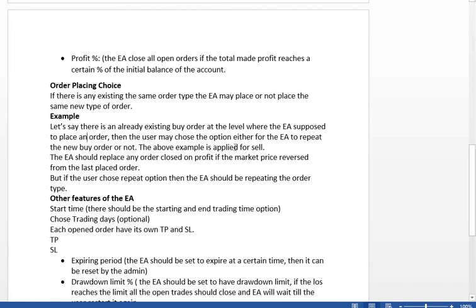The above example also applies to sell. The EA should replace any order closed on a profit if the market price reversed from the last placed order. But if the user chooses the repeat option, then the EA should be repeating the order type.